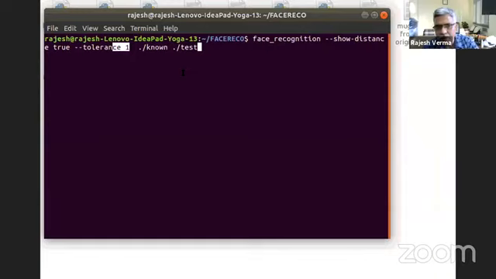So this will vary from 0 to 1. I keep the maximum tolerance, and generally this system has a threshold of 0.6. When the distance is less than 0.6, it says there is a match, and if the distance is more than 0.6, then it says the faces do not match. So let us perform this.